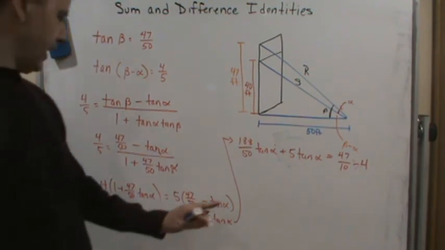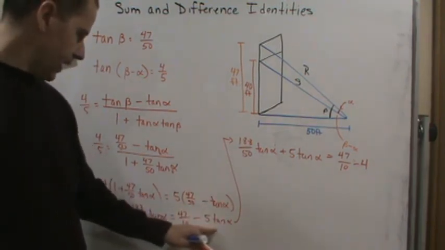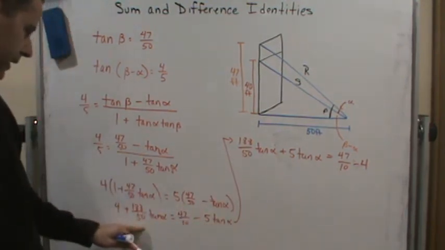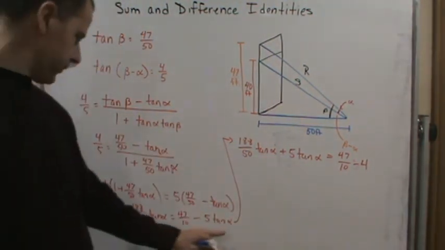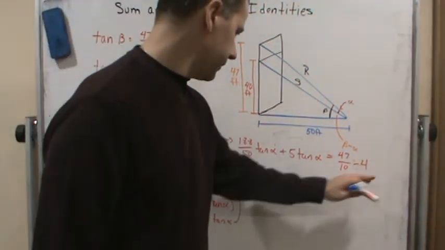So what I did was, again, I added 5 times tangent alpha to both sides, and that gives me this, and I subtracted 4 from both sides, which gives me this.